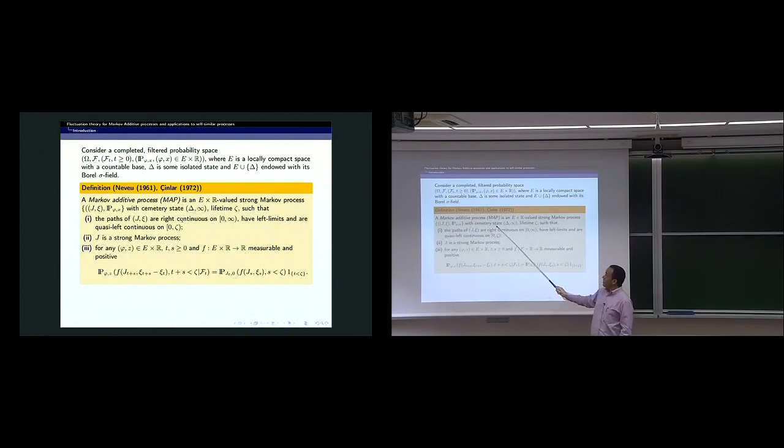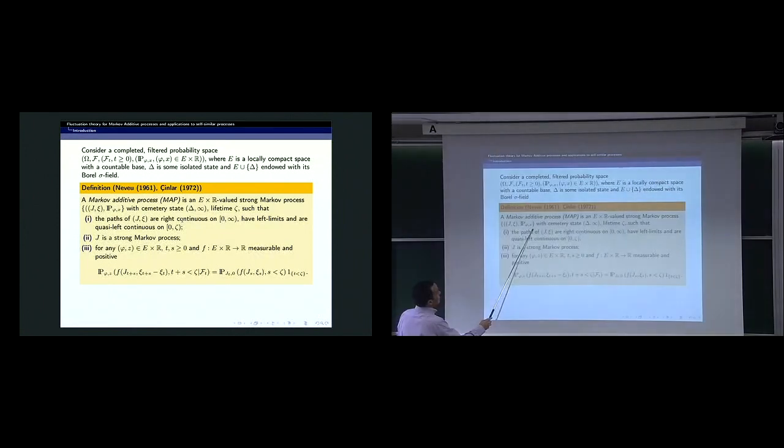Then I will define a Markov additive process, which are processes that take values in E times R, such that they have the strong Markov property, and they will be denoted by J and psi. P_{phi,x} is the law of the process starting at this point.